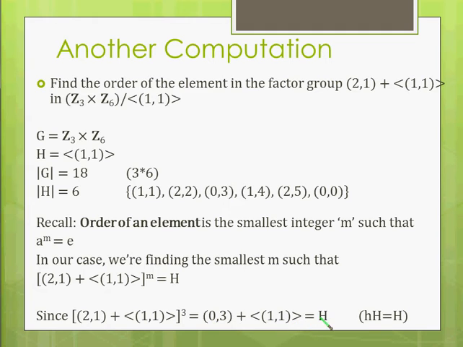Notice this is H. Since both of these are in H, when you add them together, you get H. That again utilizes the fact that gG equals G, or hH equals H, or whatever equals whatever. Hope that makes sense. So we're good there.